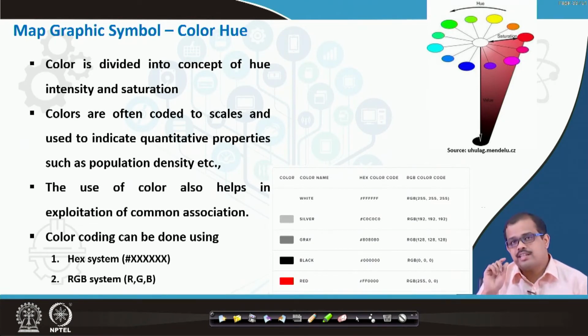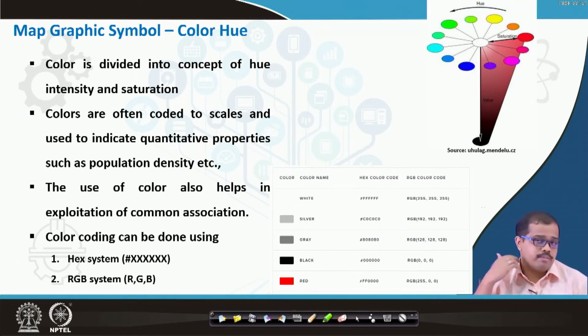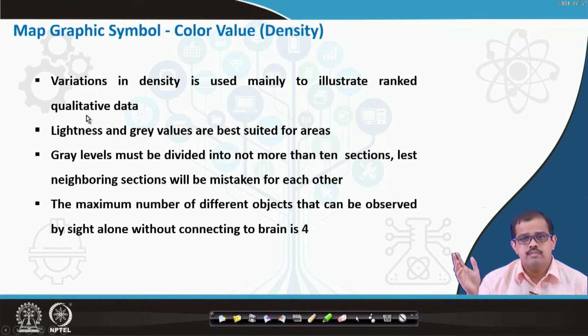That is a very important distinguishing aspect when you are using hue, intensity and saturation. Color coding can be done using a hex system or an RGB system. Normally it is done in an RGB system, because most of us understand RGB and it is easier to interpret, but you can always use a hex system if someone finds that more convenient.